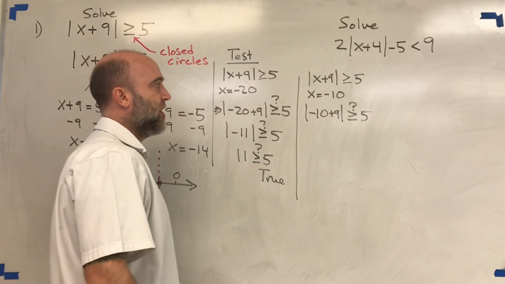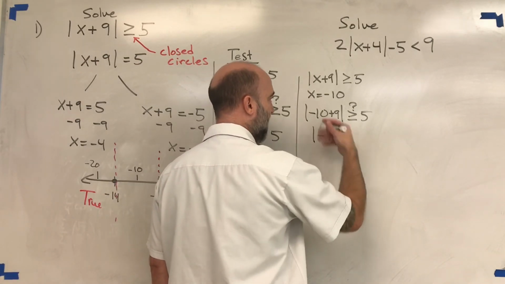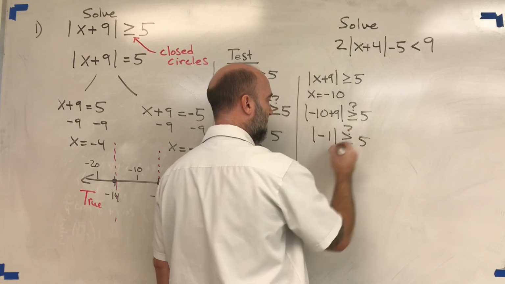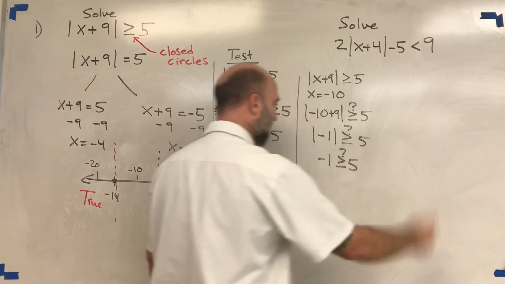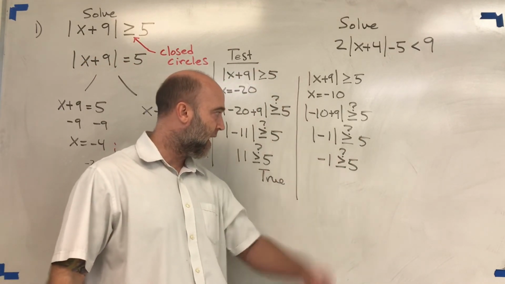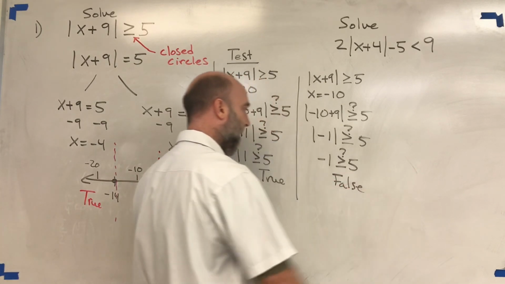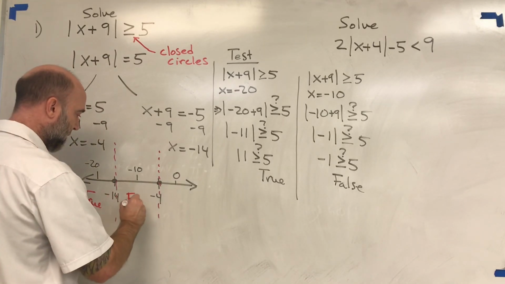Sometimes you can do these in your head, just be careful if you do. This is negative 1 when I simplify inside the grouping symbol. Negative 1 greater than or equal to 5. Is that true or false? Is negative 1 greater than or equal to 5? No, it is not. It is false. Okay? So this is a false.